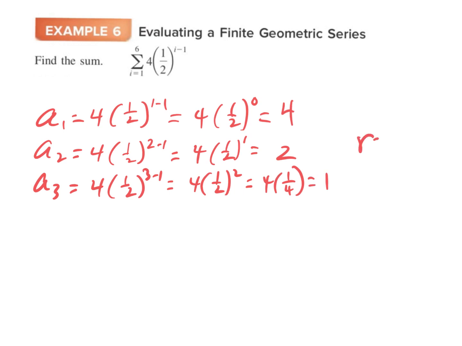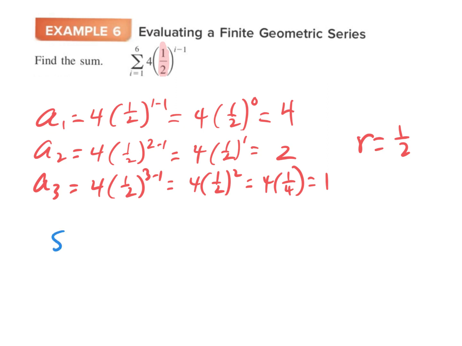So what's r? 1/2. Not a coincidence. That 1/2 in the original sigma notation is also the common ratio. All right, so now that we've established that, we can go to our formula.